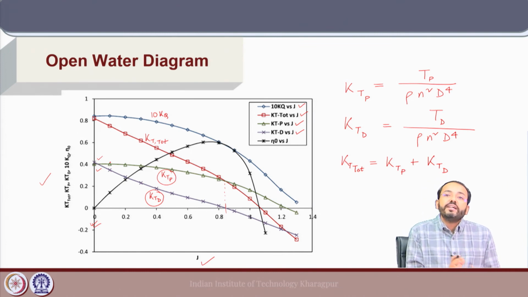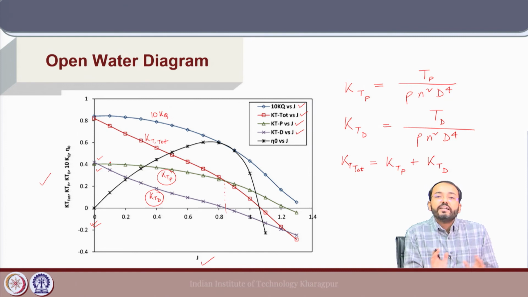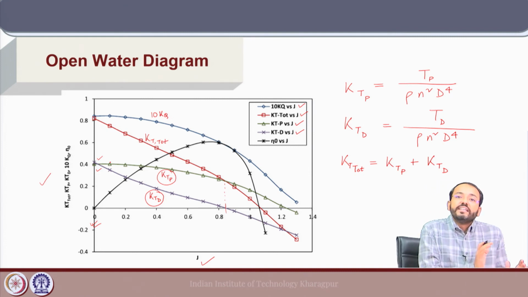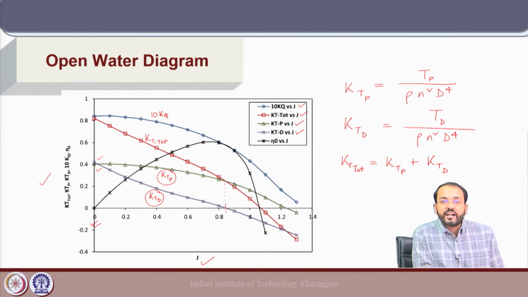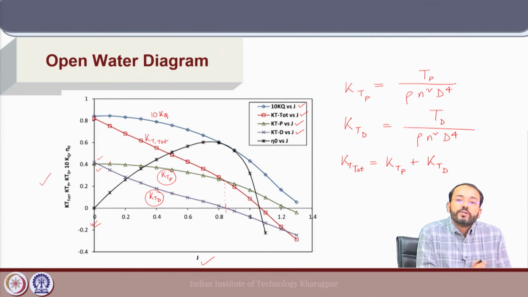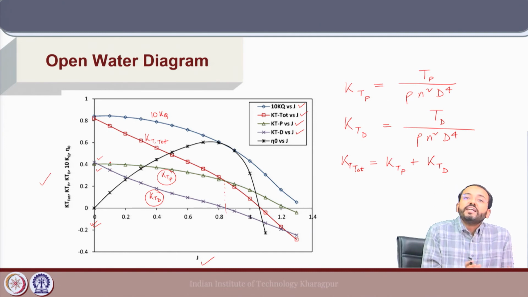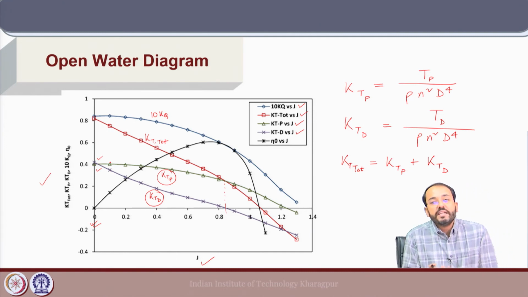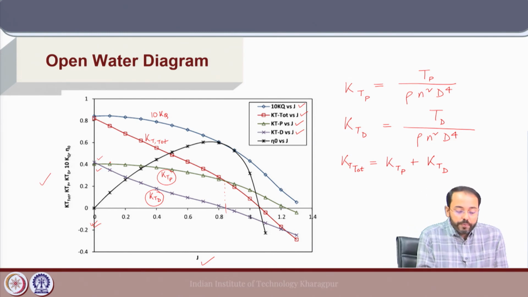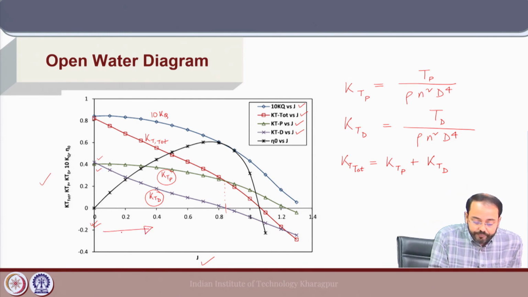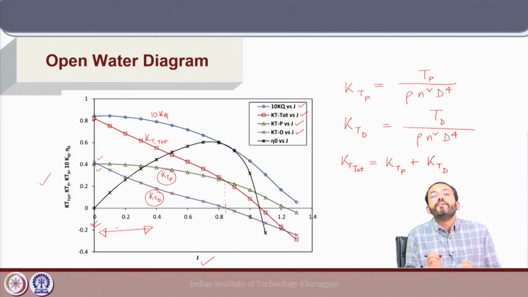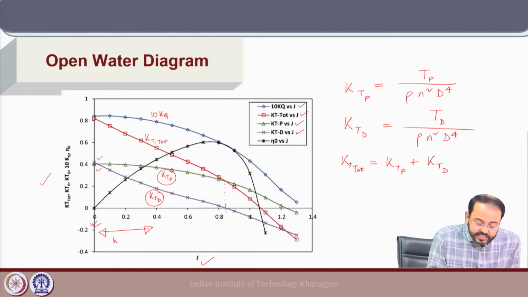It will depend on the duct and propeller design, but the idea here is that the thrust given by the duct as a component of the total thrust is very high in the Bollard pull condition. So, ducted propellers are applicable for vessels which operate in the high loading condition in this range where the J value is low. So, this is high propeller loading.